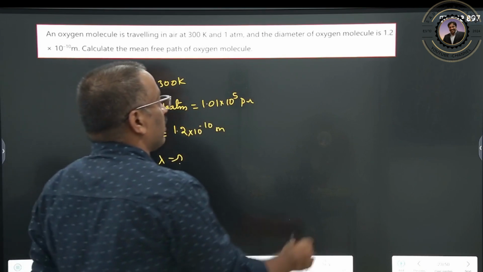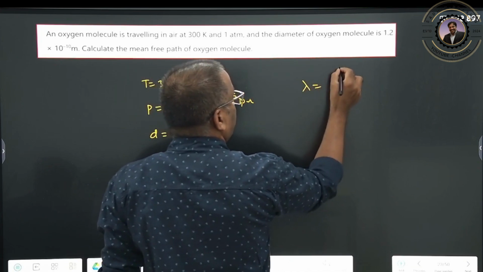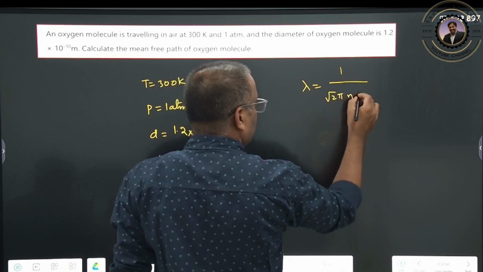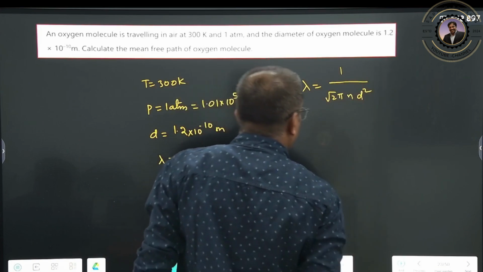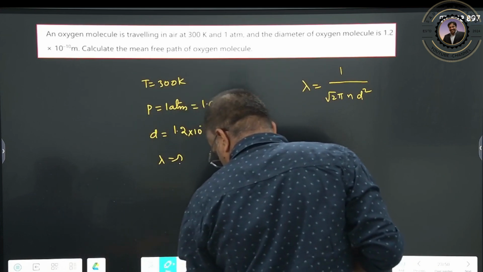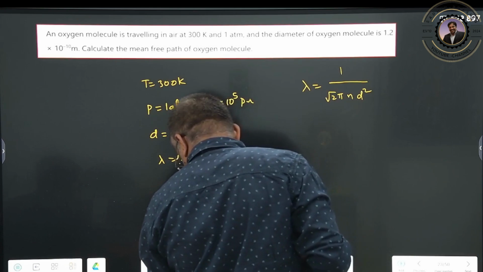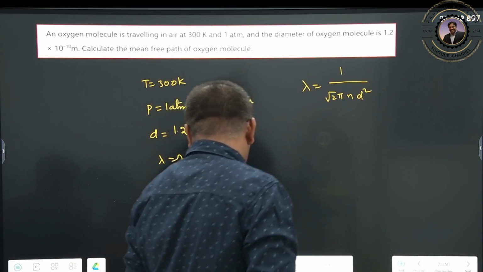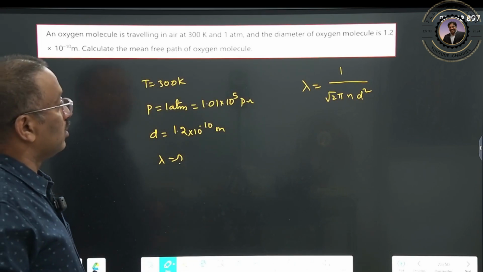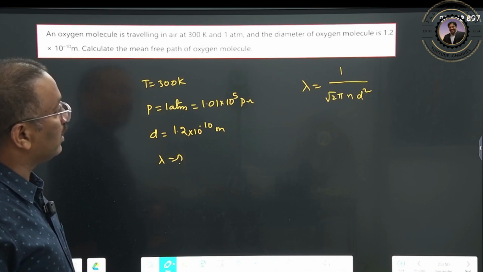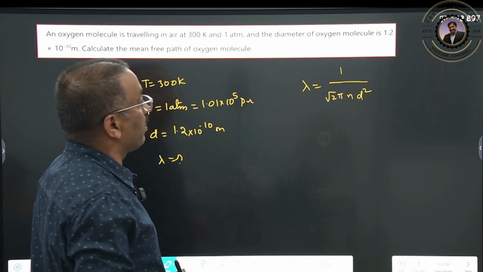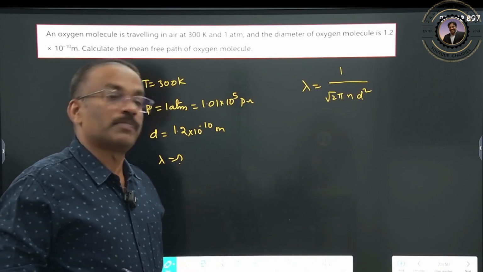What is the mean free path formula? We know it: mean free path is 1 by root 2 into pi into n into d square. Here d is the diameter, and n is the number of molecules per unit volume.